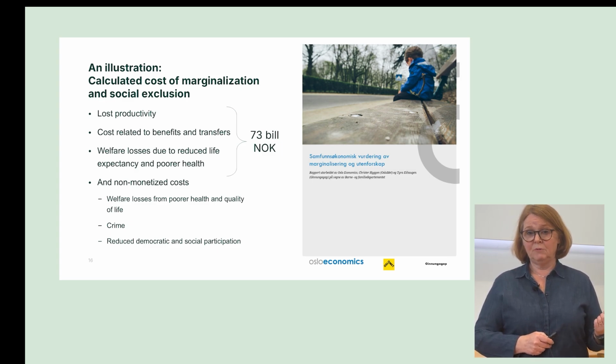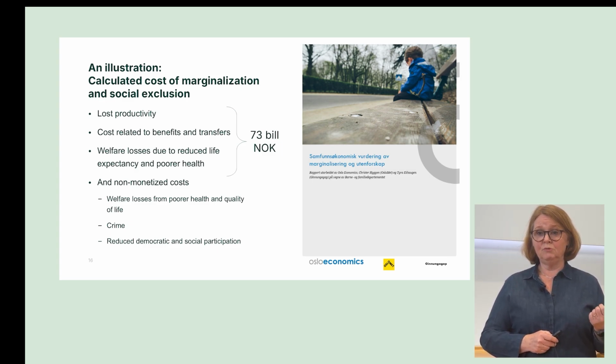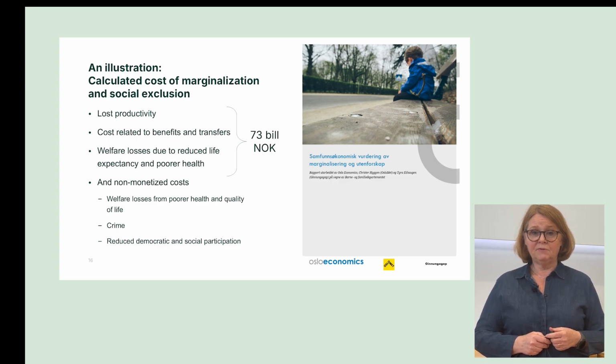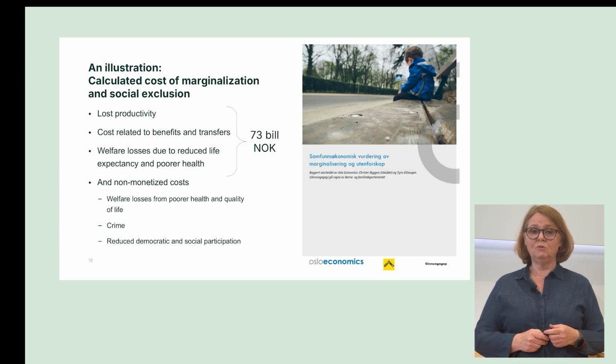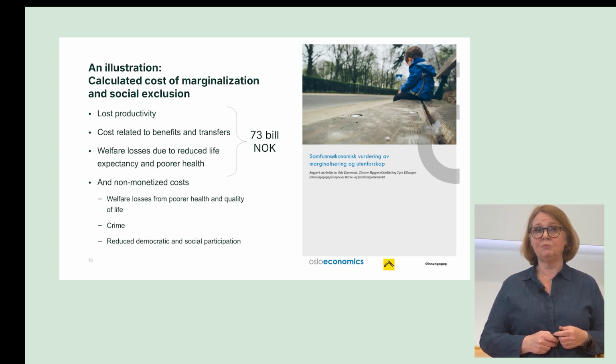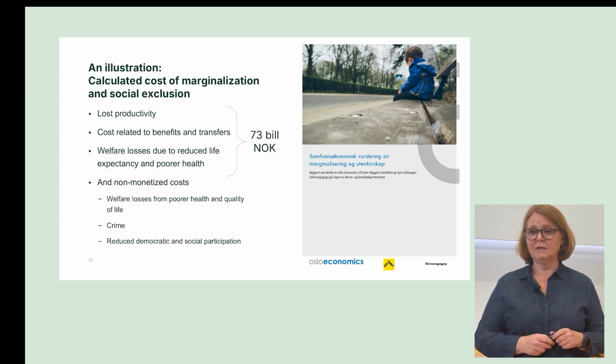This figure includes, amongst others, lost productivity due to reduced labour income, tax financing costs related to benefit transfers, and welfare losses due to reduced life expectancy and poor health. And in addition to the costs that have been monetized, the report also highlights significant non-monetized consequences, such as welfare losses from poor health and quality of life, increased costs related to crime, and reduced democratic and social participation.